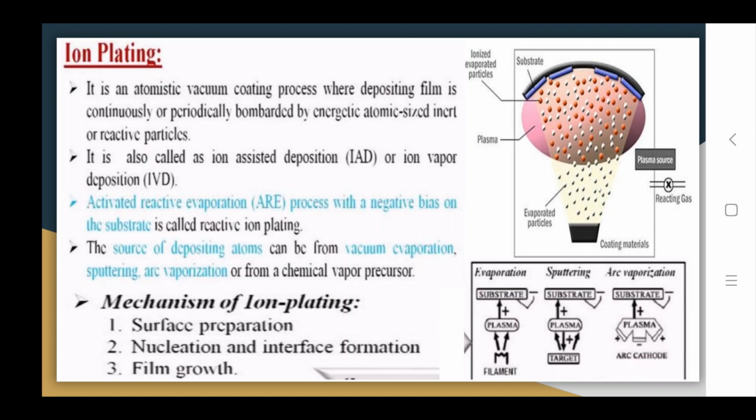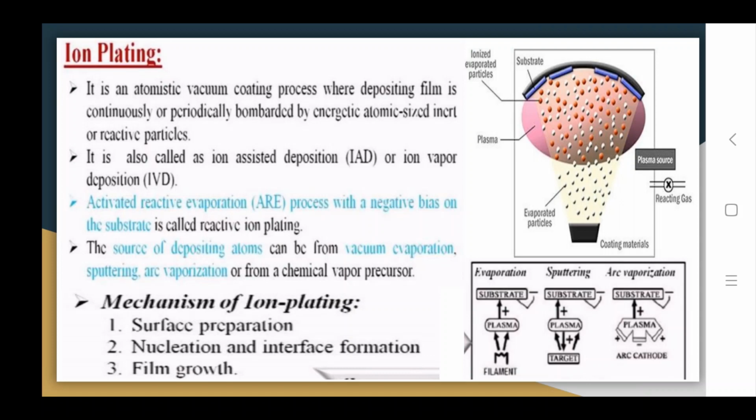It is also called ion assisted deposition, IAD, or ion vapor deposition. Activated reactive evaporation processes with a negative bias on the substrate are called reactive ion plating.